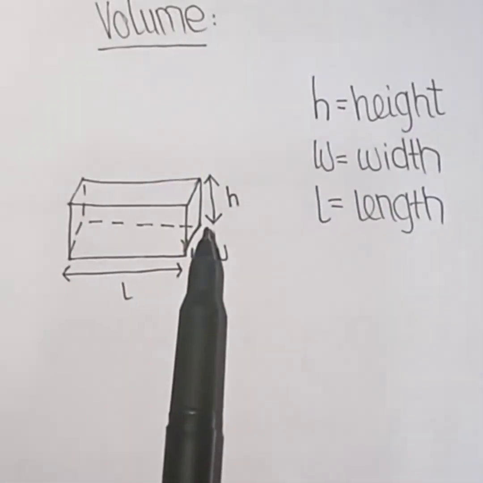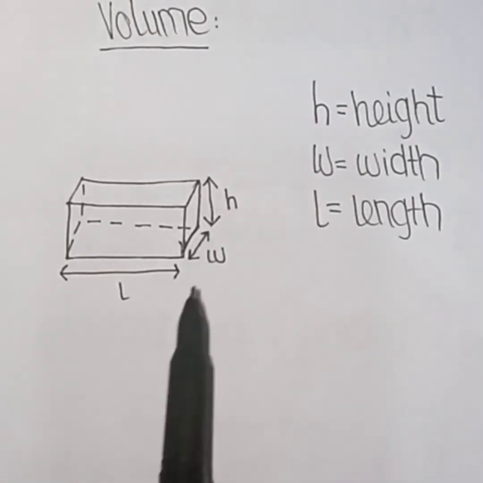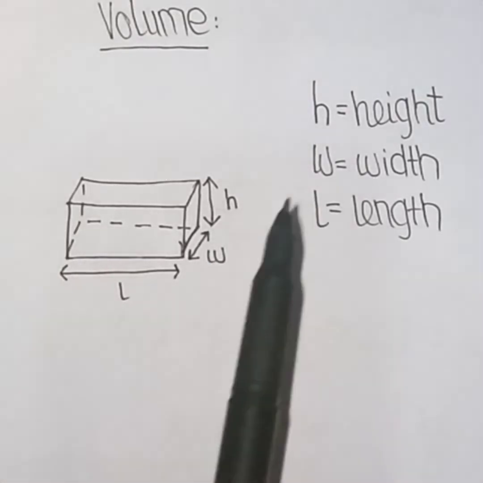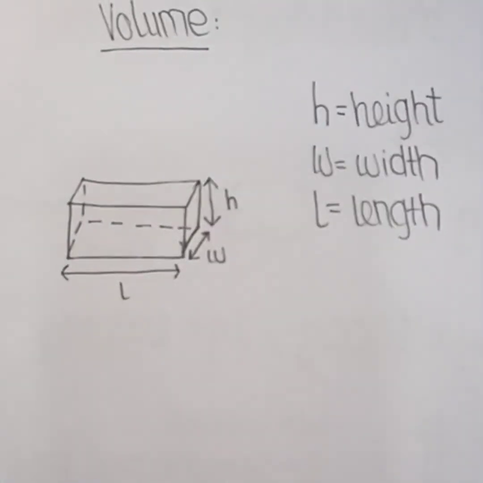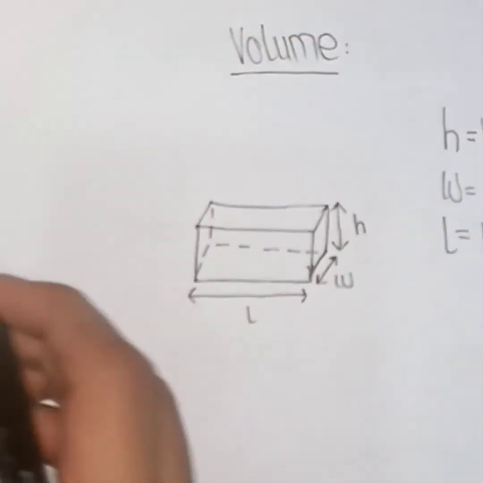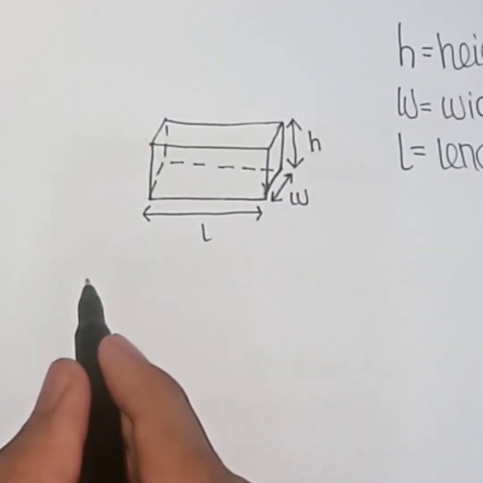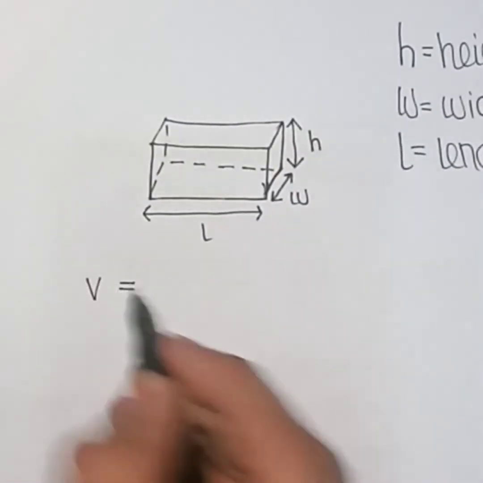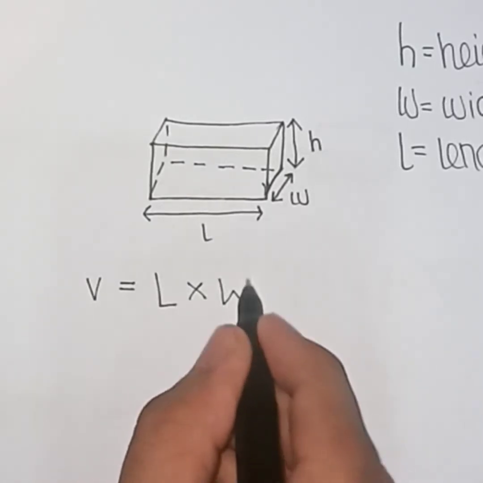You need to measure the height of the cube or the object, the width of the object, and the length. So, are these important for volume? Exactly. So, now can you identify the formula? Exactly, you can. The formula would be, I'll write here, V is equal to length multiplied by width multiplied by height.